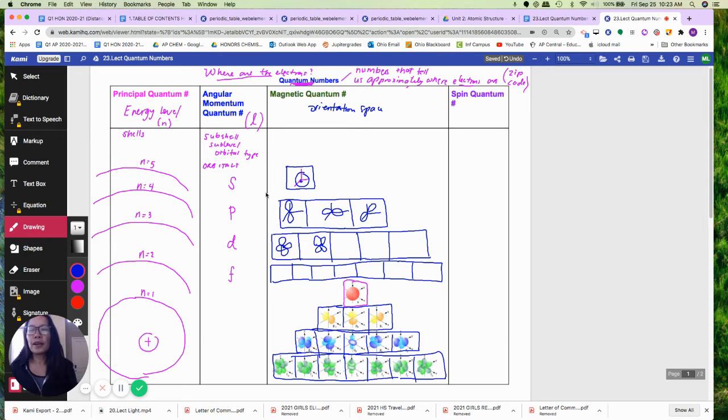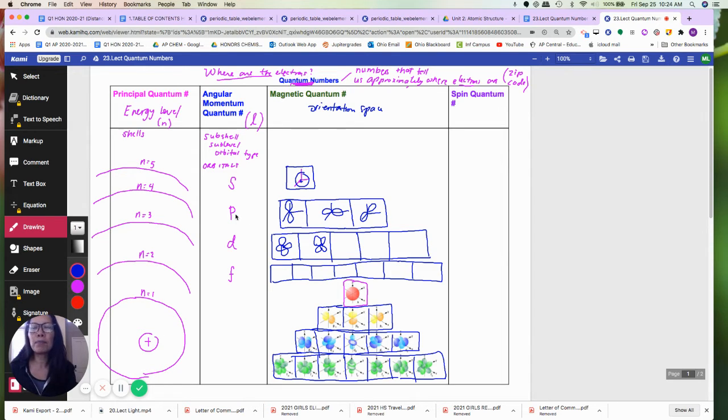Okay, so let's practice again. Let's say if the electron is in the first energy level, I say n equals 1. If it's in the second, you say n equals 2. If it's in the s sublevel, you say it's in the s sublevel. If you say it's in the first orbital there, it's in the first box. If I say it's in the third energy level, then you say, okay, 3 spaces away from the nucleus.